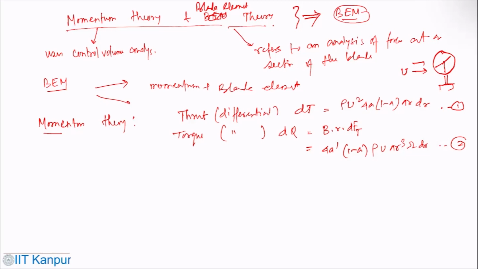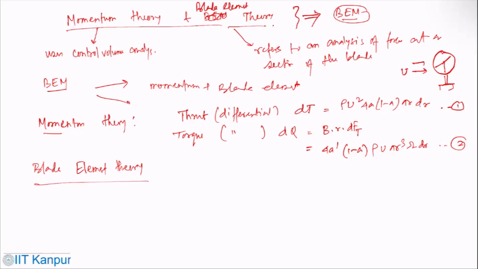Now, if we look at the blade element theory, we have already got the forces on the blades of a wind turbine, which we can calculate by expressing them in terms of lift and drag coefficients and angle of attack.